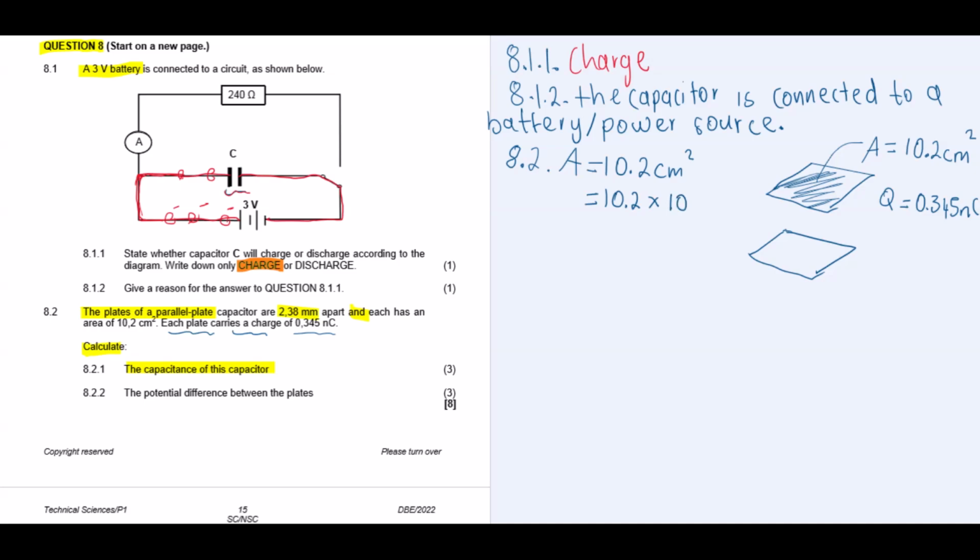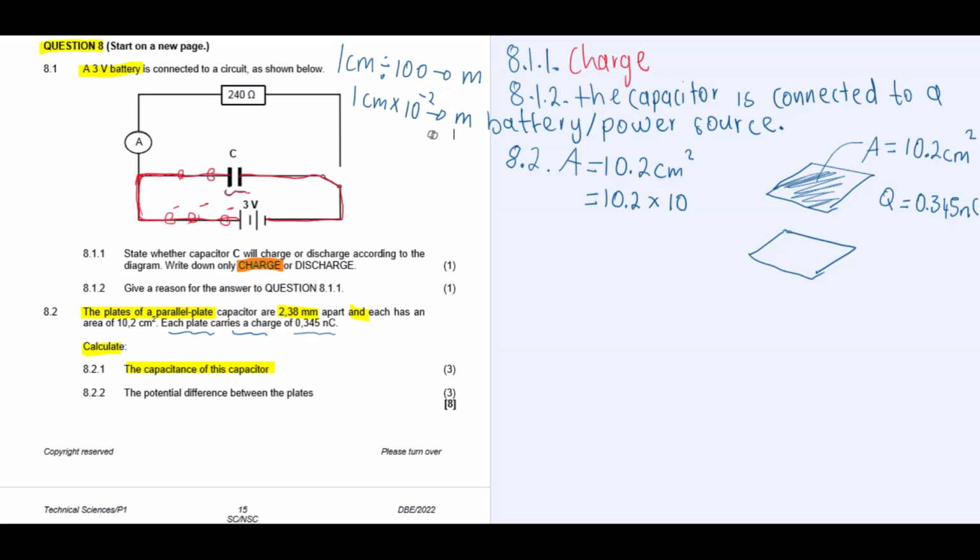So please recall, when you are given something in centimeters, how do we convert centimeters to meters? We divide by 100, right? Dividing by 100 is similar to multiplying by 10 to the power of -2. This kind of conversion changes the answer to meters.